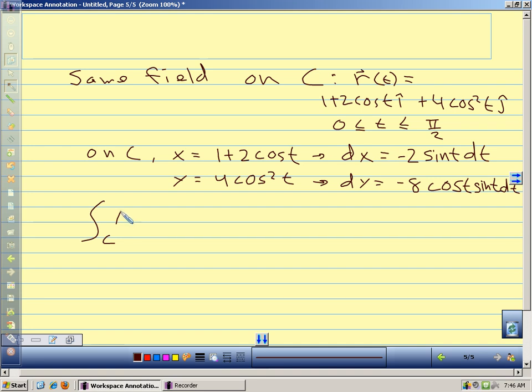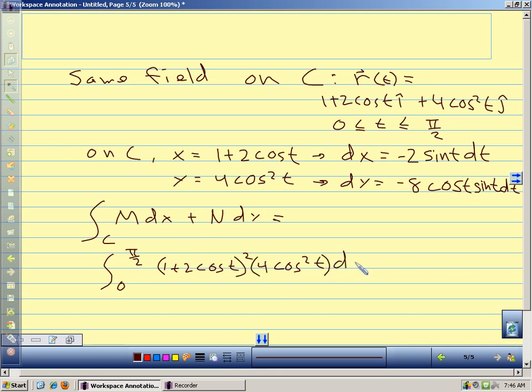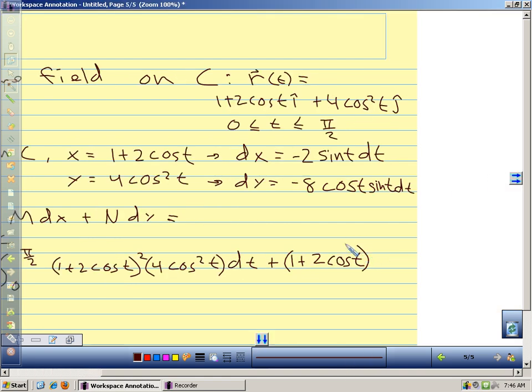The integral over C of M dx plus N dy equals, and I'm going to represent x and y in terms of our parameterized curve, the integral from 0 to pi halves of (1 plus 2 cosine t) squared times 4 cosine squared t dt, plus for my y part I get (1 plus 2 cosine t) times 8 cosine to the third t times negative 8 cosine t sine t dt.